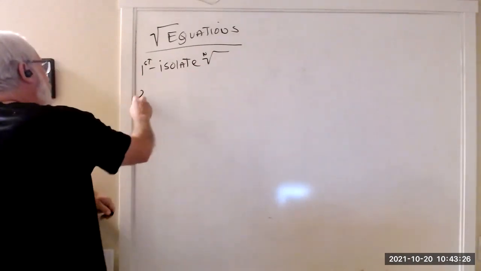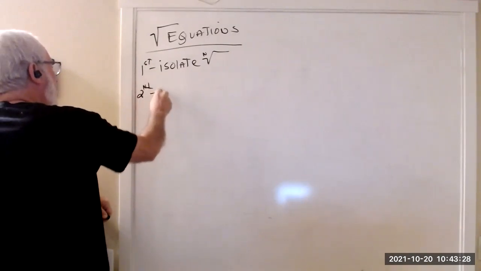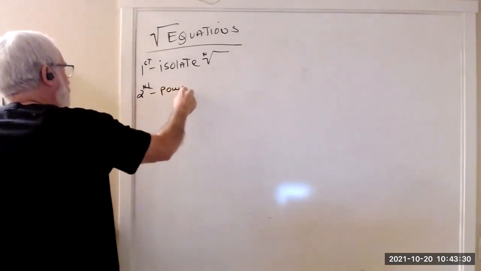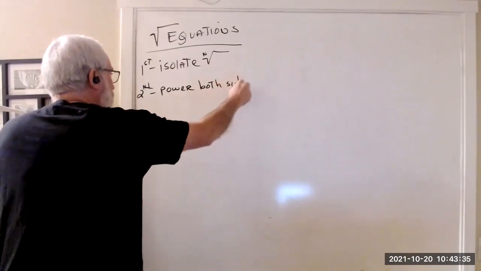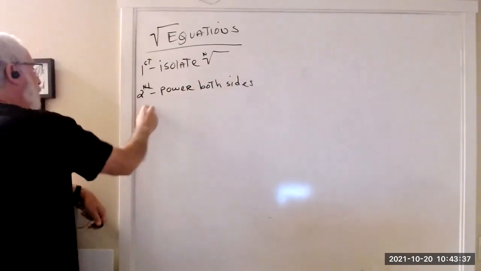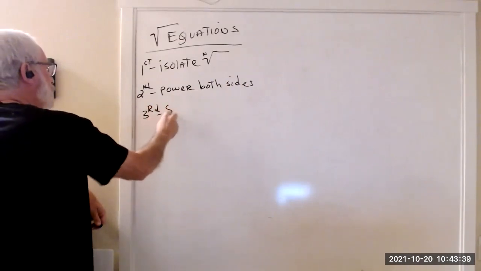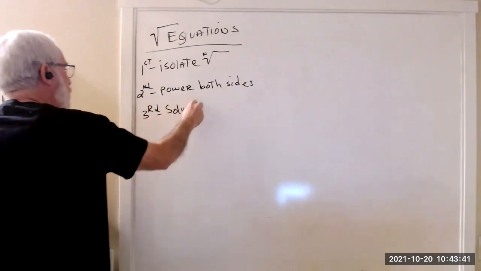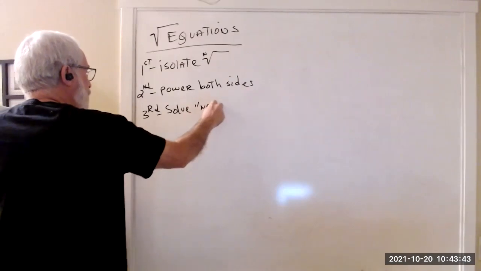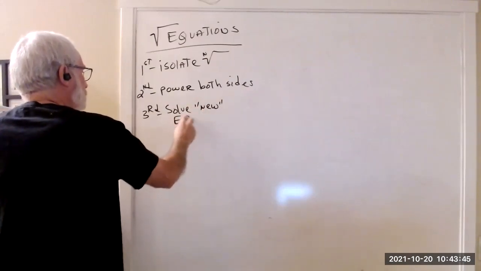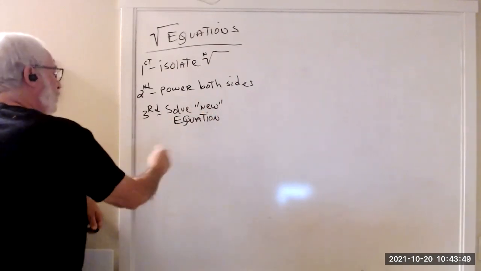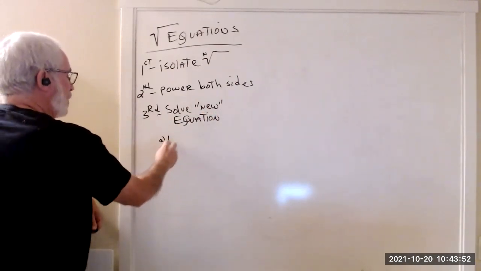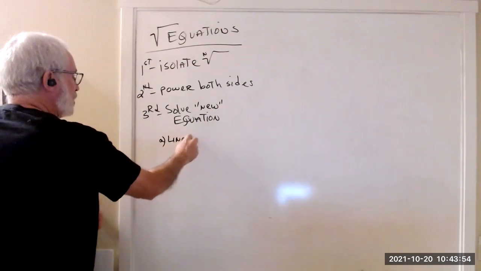Okay, all kinds of problems happen, but isolate the radical to the best of your ability. The second was power both sides. Third was solve whatever the new equation is. And for us, I said we might have a linear equation.